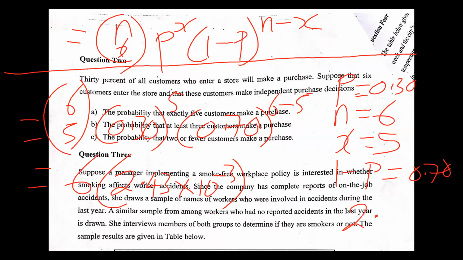The point moved 3 steps from the negative, so it has to move 1, 2, 3, and then the point will stand here. So you have 0, 0, and 0. So this gives us 0.00243. Have you seen that?